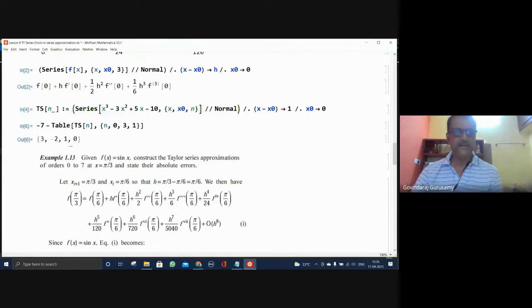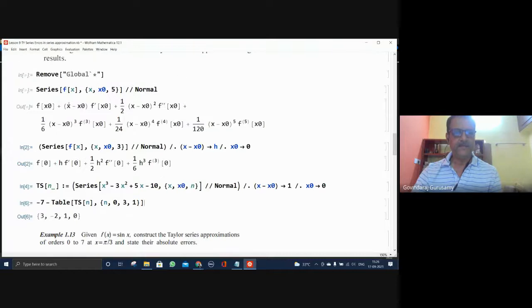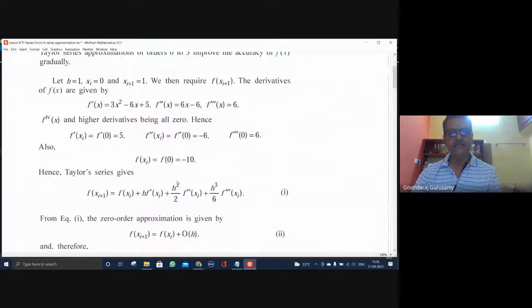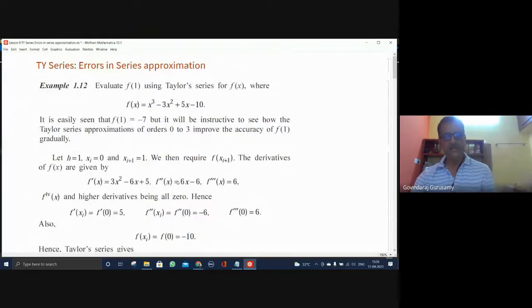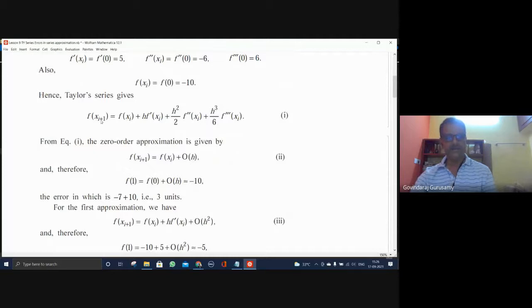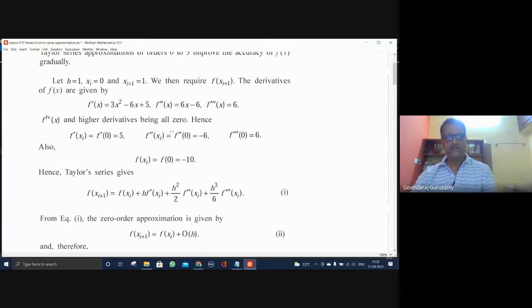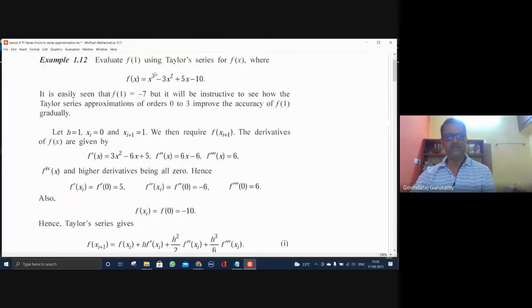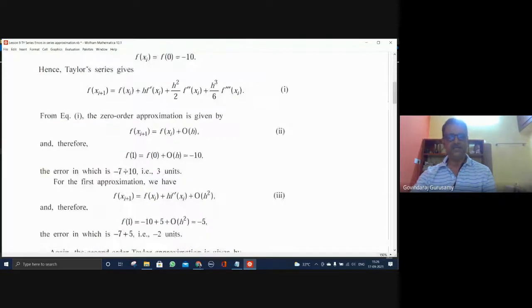So you have an answer here with the generalized form, making a replacement with the specific function. And he has already given the generalized form in the textbook, which he is trying to evaluate term by term, starting from 0th order, first order, second order, third order. He is trying to find out the actual value after evaluating with this function, and then the difference has been shown.